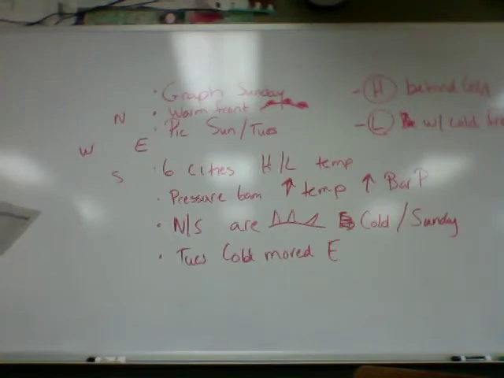So what type of temperatures should we have on Sunday in Cleveland? The low pressure is not there yet, correct? So if the low pressure is not there yet, we are probably not going to have real high temperatures, but we're not going to have real cold temperatures either.